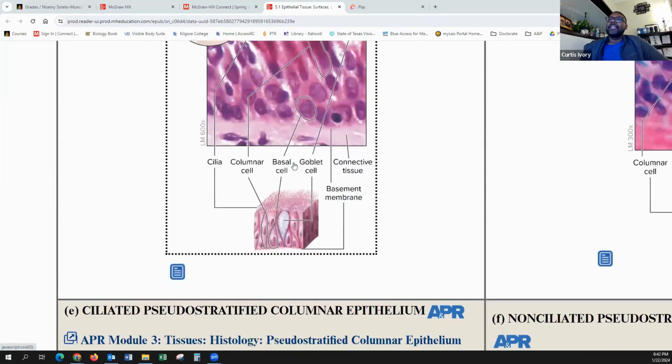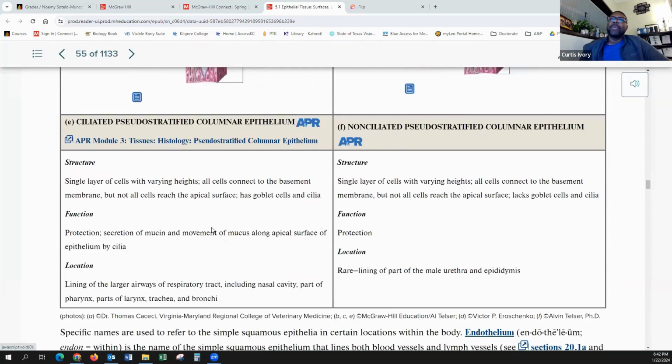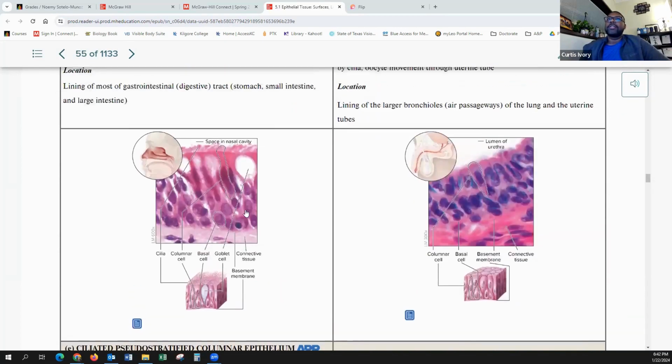You're going to find this type of tissue within the pharynx, larynx, trachea, and bronchi. So in your respiratory tract. If you think about it, where do you produce mucus? A lot of it is going to be in your respiratory tract. The reason is so that it can trap pathogens or contaminants in the air that we want to get rid of.